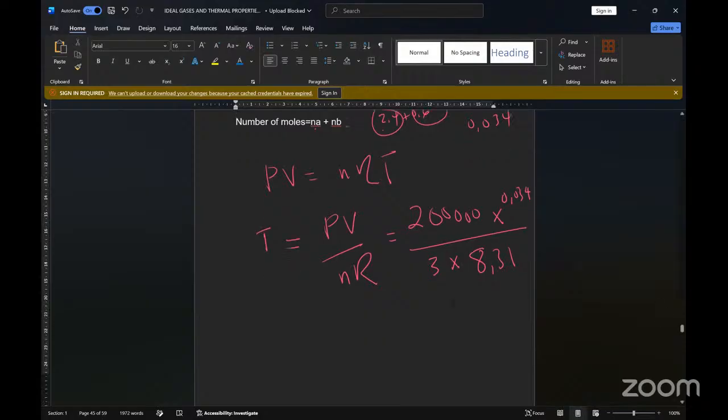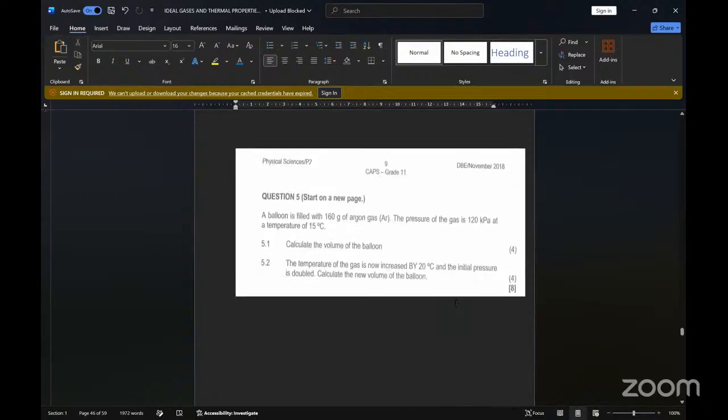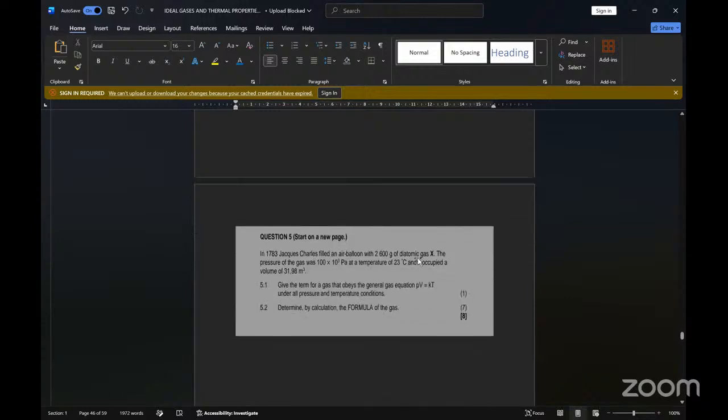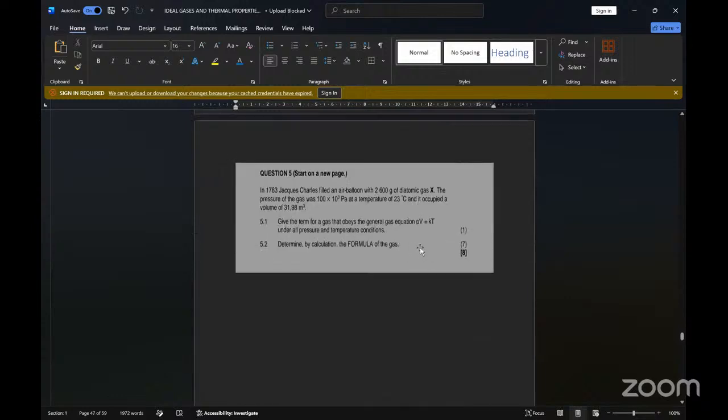You multiply this by this, and then you get your temperature. So let's not waste time on that. There isn't time. We are going into the next. I wanted us to do it, but it's going to waste time. This one is similar to the gas one, the molar mass one.